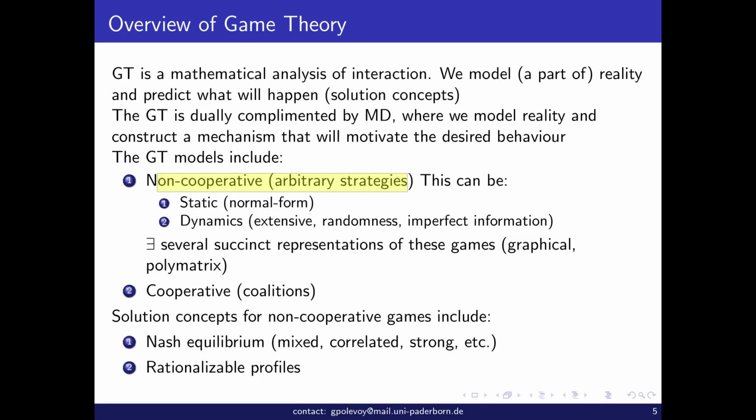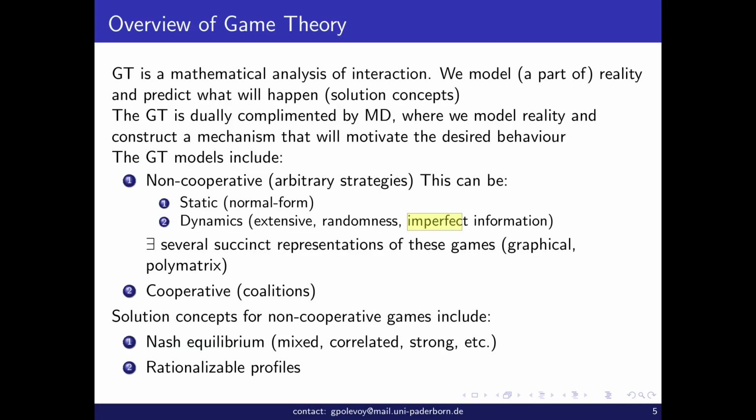It can also explicitly model randomness. Not that I randomize my strategy, which is something we can do in the mixed extension, for example, or in correlated equilibrium, but that there is independently an action by nature. In static games we can only enter this randomness, let's say, by entering the expectation into the utility function, but extensive games, dynamic games, allow modeling this implicitly.